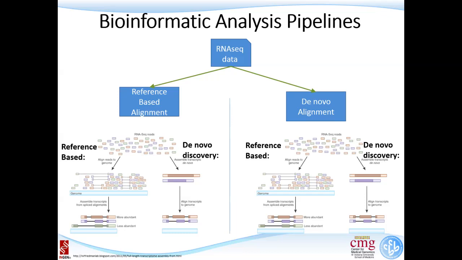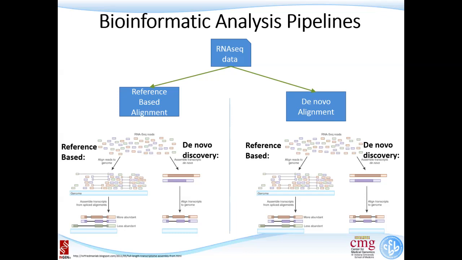So after you have the reads from your experiment aligned, there's another step, which is the discovery and quantification of the transcriptome. And this is also reference-based versus de novo. So you start by using a reference or not to build your RNA-seq file. And then you use a reference or not to find and quantify these transcripts.